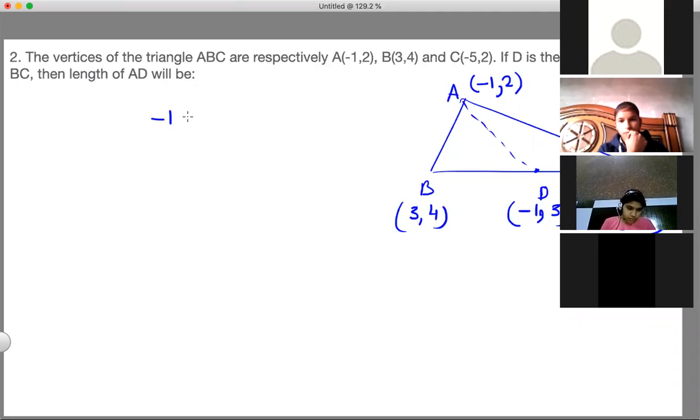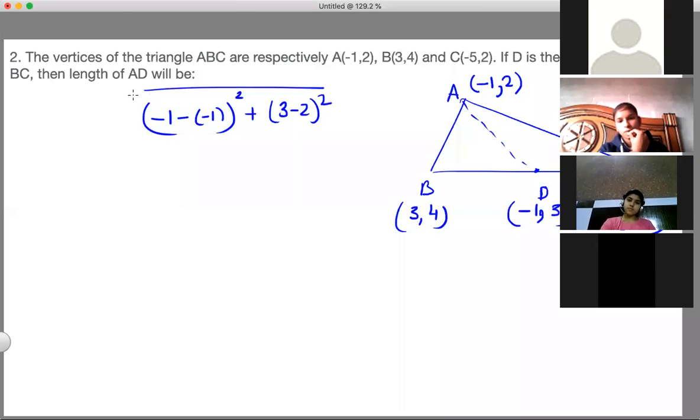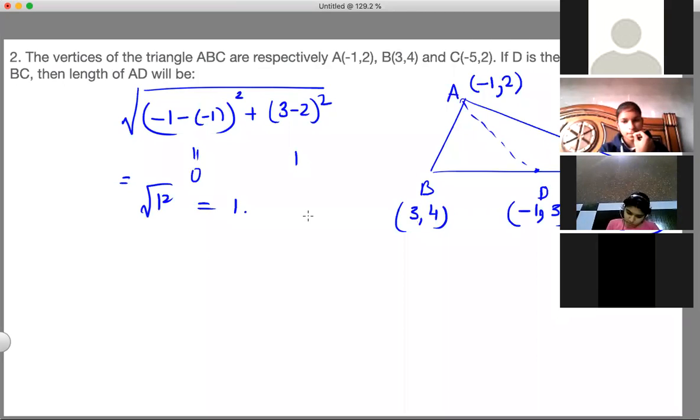Distance is √((-1 minus -1)² + (3 minus 2)²), which is equal to, this is 0 and this is 1, so 1. Right? So the answer is 1 unit, not a square unit, 1 unit. Yes, sir. Okay, its length 1 unit.